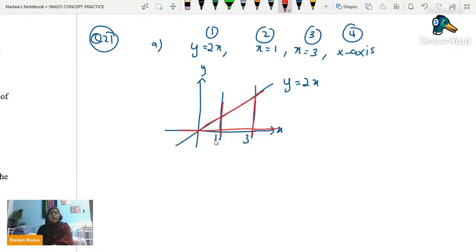Ni boundary dia dekat 1. So, kawasan yang kita nak adalah, dah terpadam semua. Kawasan yang kita nak lagi sekali, garisan X sama dengan 1 dan garisan X sama dengan 3. So, this is our region R. Region, kita sebut R lah.